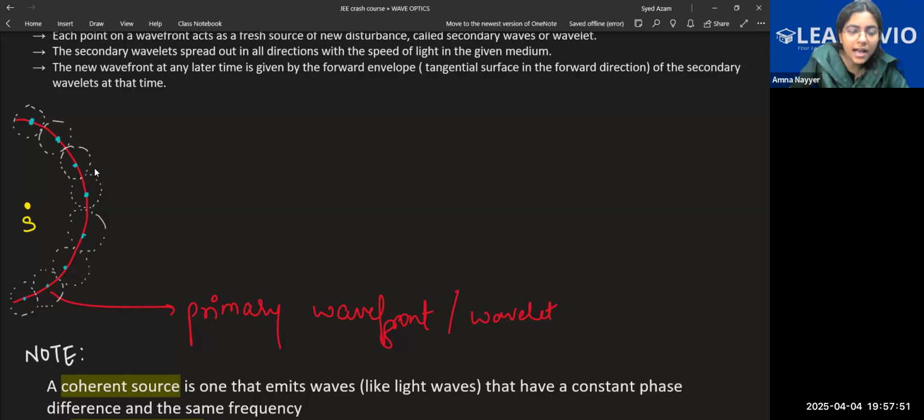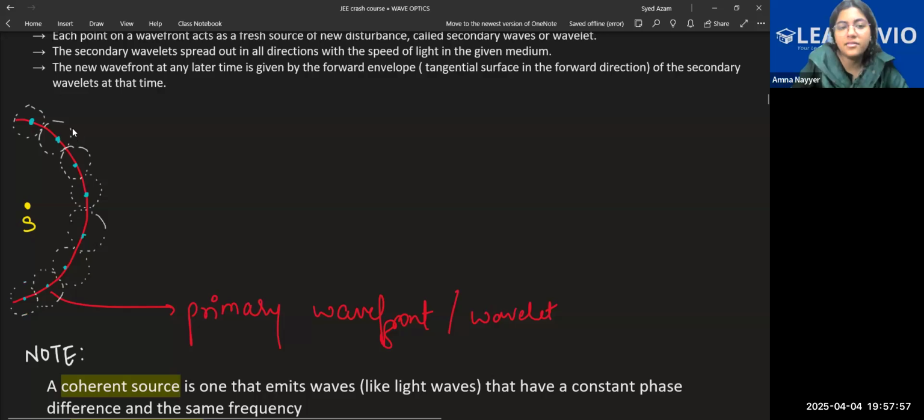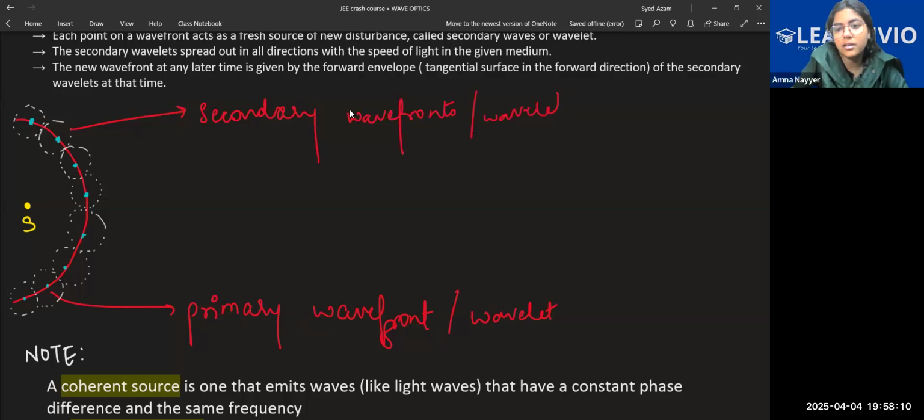Now you have these, which are called the secondary wavefronts because these were not originally formed. They are called the secondary wavefronts or wavelets. Now, how do you get the new wavefront?